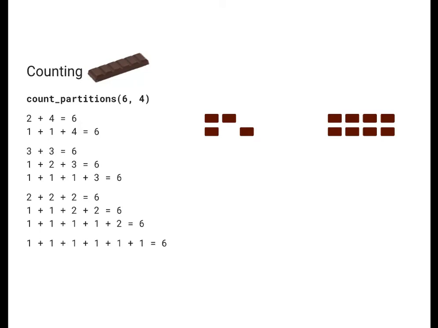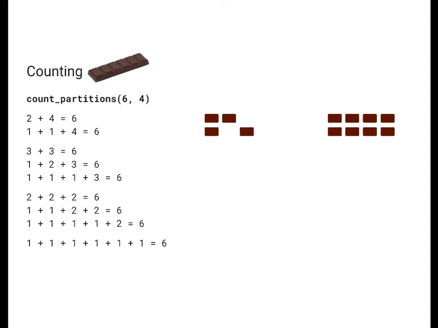So once I've distributed the 4 pieces of chocolate, I only have 2 pieces left. So then I need to figure out, how do I distribute 2 pieces? And wait a moment, isn't this recursive? I've just made a smaller recursive call, right? I started out with a problem of size 6. I wanted to distribute 6 pieces of chocolate. But now I only need to distribute 2 pieces of chocolate over here if I give someone 4 pieces.